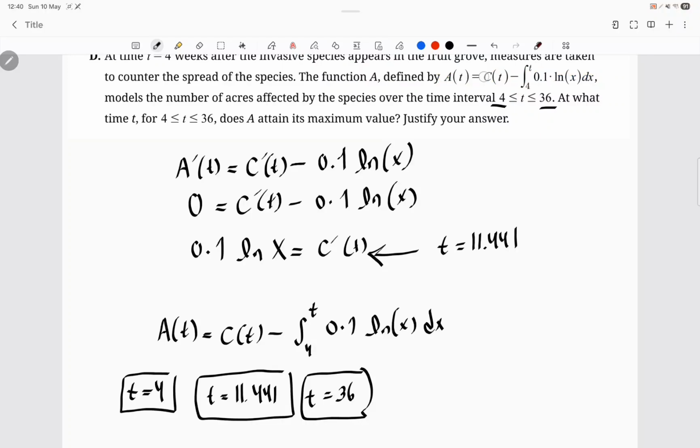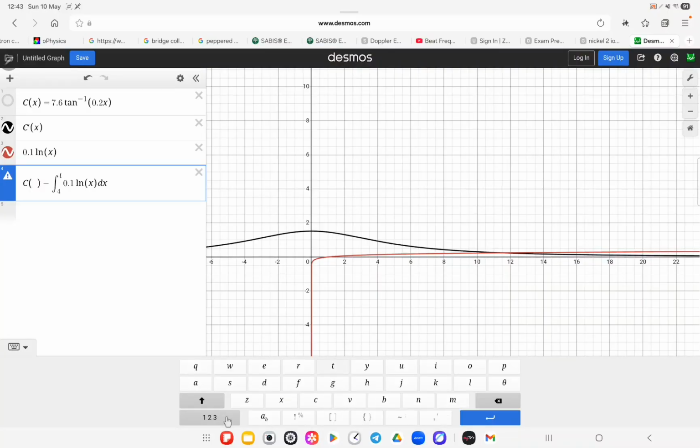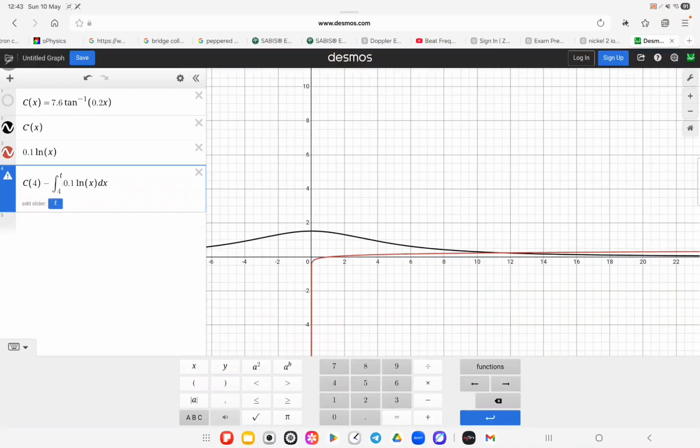So now I should go to Desmos and I should be plugging in this equation essentially. Okay, so here's my equation. I'll be plugging in one time the x as a 4 and the t as a 4. I'm going to be saving that.